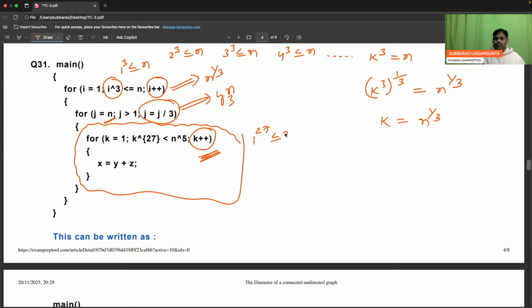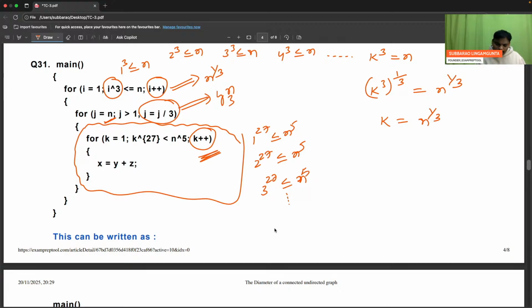Yes, true. Assume it is true. In the next round, k value becomes 2. Is 2 power 27 less than or equal to n power 5 or not? If that is also true, next, is 3 power 27 less than or equal to n power 5 or not? If that is also true, continue.